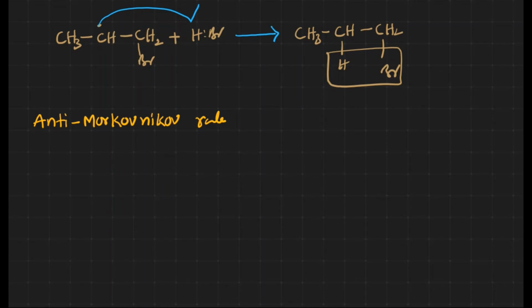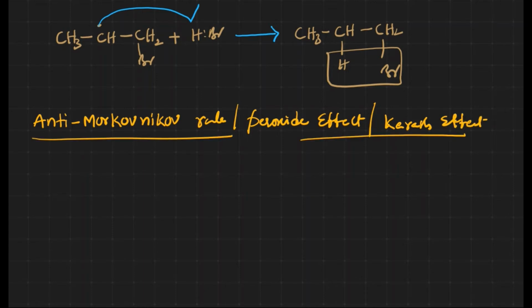This is taking place with peroxide, right? That's why this is also known as peroxide effect. This was introduced by the scientist named Kharash. That's why it is also known as Kharash effect. Okay, what happens in this case?